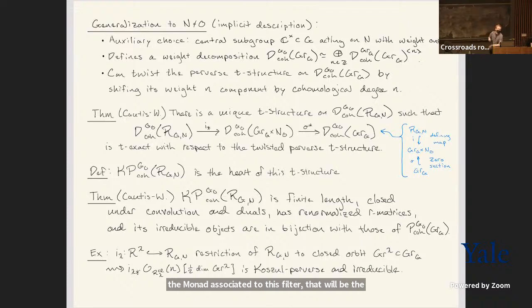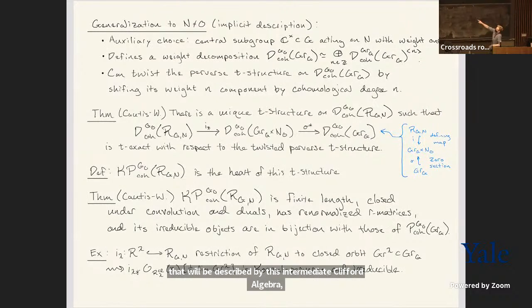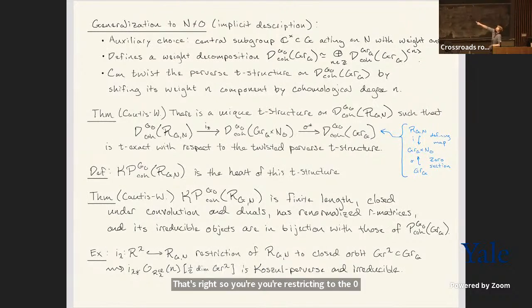The zero section. That's right. So you're restricting to the zero section ultimately, but you're only doing that after you've essentially forgotten the derived structure by pushing forward to one of the bundles. And you can see really that a more complete picture would be a square, because I could also push forward to V2 and then do this restriction. That turns out to define the same T structure, but that's a more complete picture.